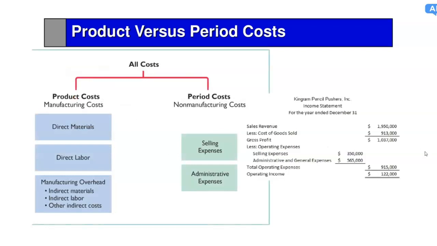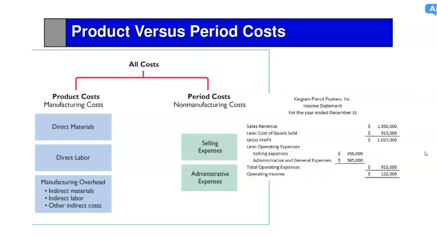When we look at the costs of a manufacturing company, all costs can be classified as either product costs or period costs. Product costs, of course, are direct material, direct labor, and manufacturing overhead, which includes indirect materials, indirect labor, and other indirect costs. And period costs are the selling and admin.